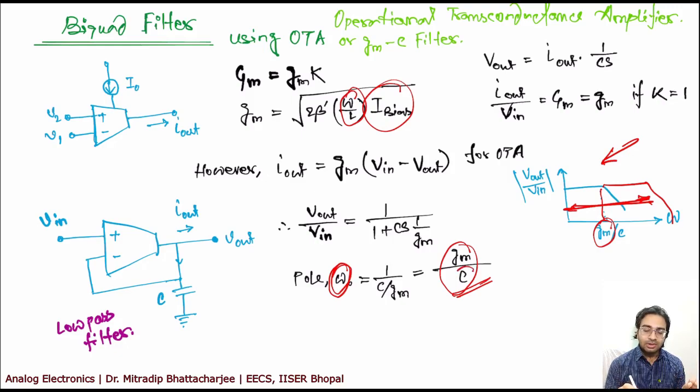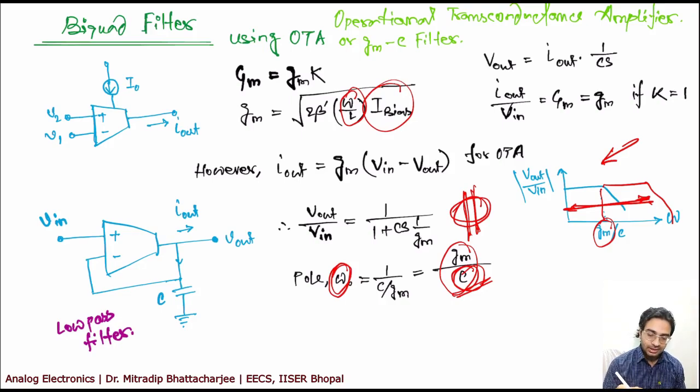Another thing is you reduce the value of C. Reduction of the value of C also has a limit, because you are using it in an integrated circuit. You will find there are a lot of parasitic capacitances. If two connections are going parallel in the IC, they will also create a parasitic capacitance.